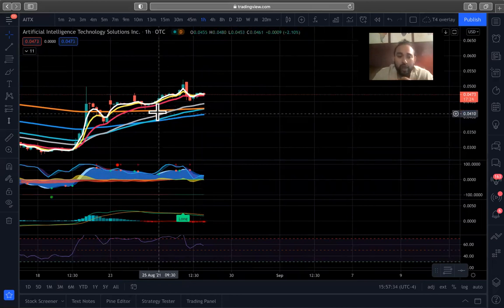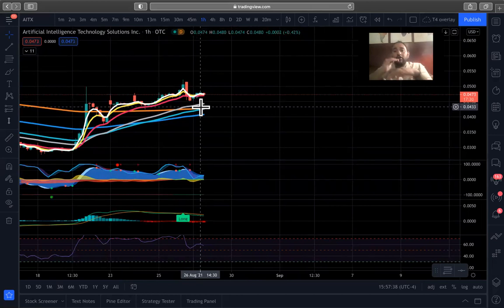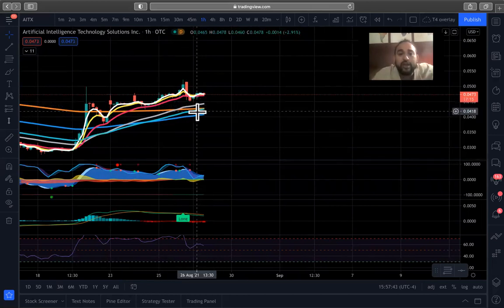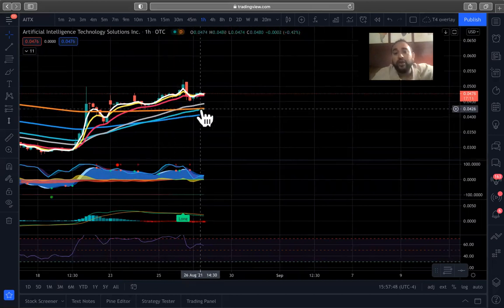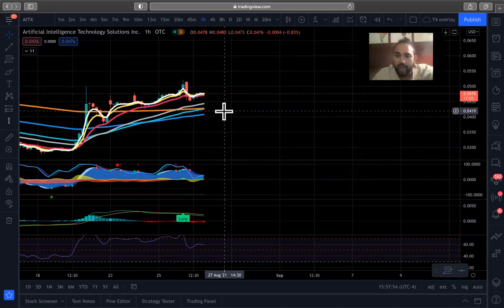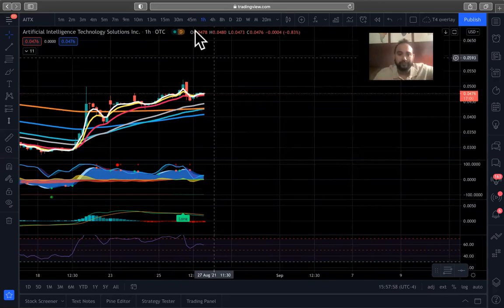When you have the 200, then the 100, 50, 34, all in correct order, as you can see here, the 34 just broke up. The 50 and the 100 are trying to go above that 200-day EMA. Now, when these successfully get in order, in chronological order, that is a launching pad. That is full bullish momentum to the upside.